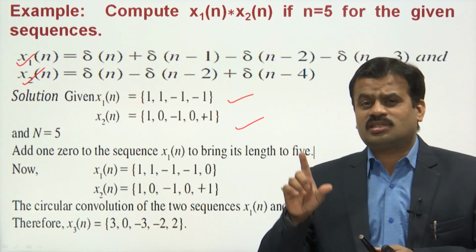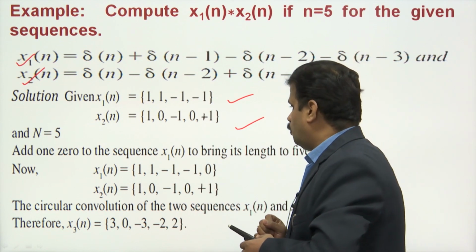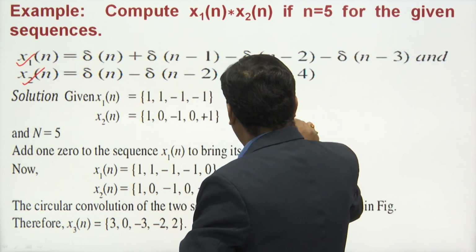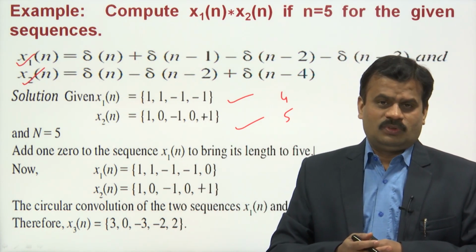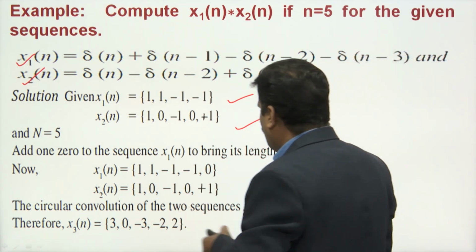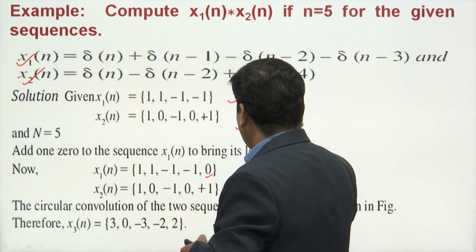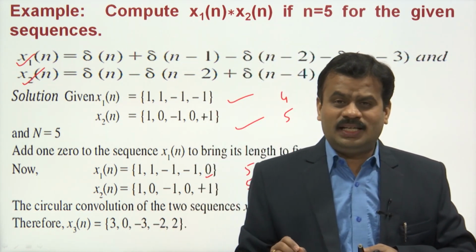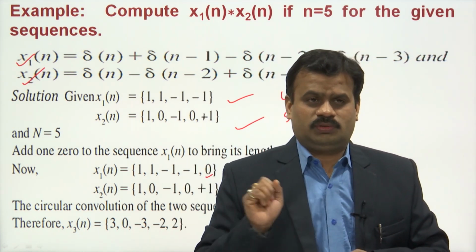So, you have to add a 0 at the end of x1 n. Now its length is 5, and you can determine the circular convolution between x1 n and x2 n.